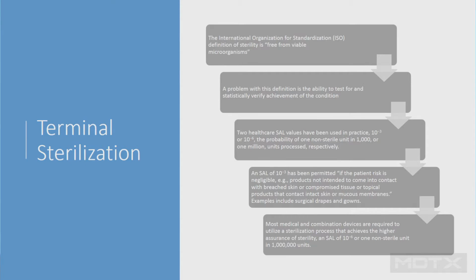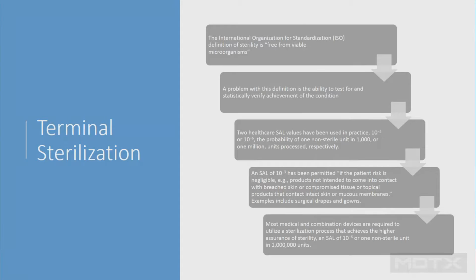Now, any medical device that would breach the skin or carry bodily fluids to or from a patient, any class 3 medical device, must be sterilized to 10 to the negative 6. And as I mentioned, most devices and combination devices are sterilized to 10 to the negative 6.